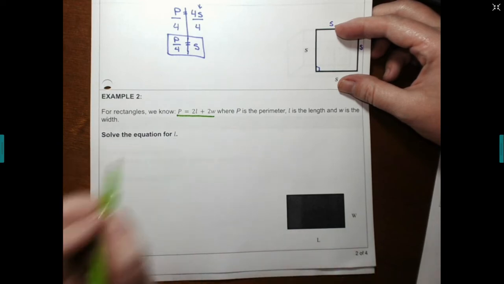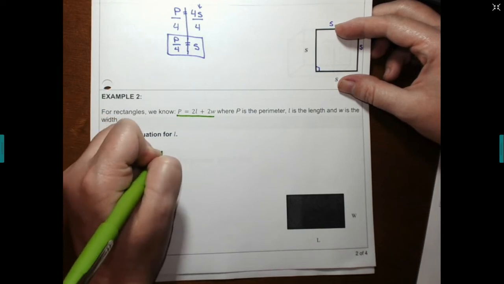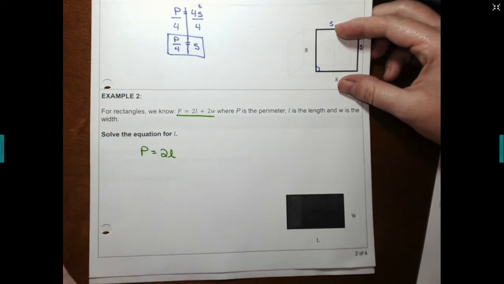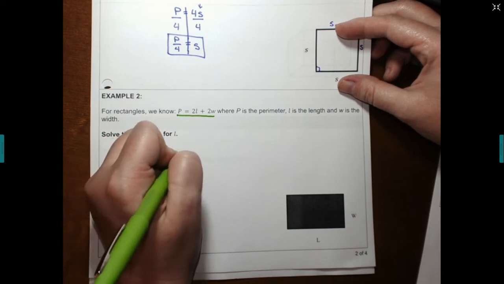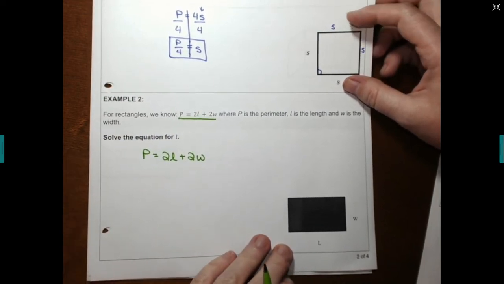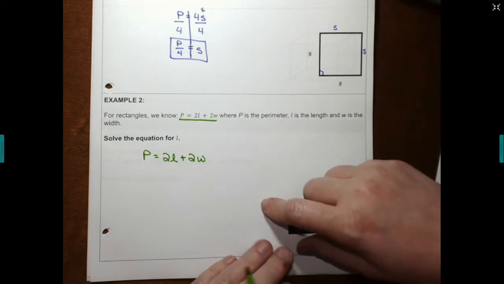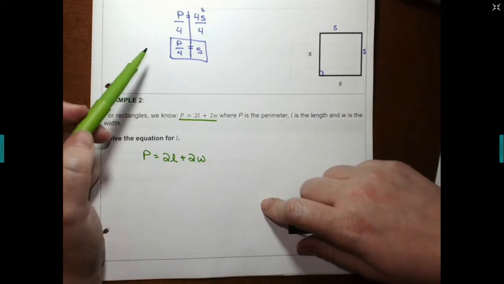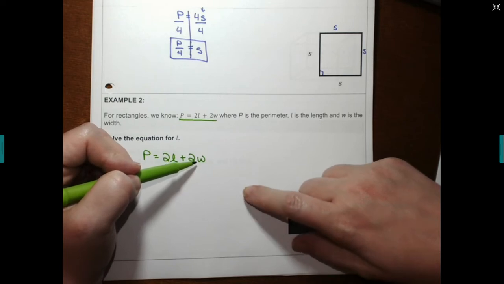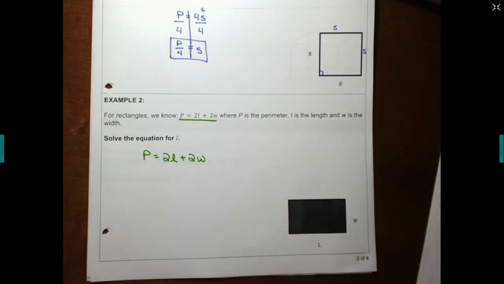Solve the equation for L. P equals 2L plus 2W. Remember, I'm doing my fancy L's so I don't confuse them with ones. I want to solve it for L. This is a useful one if I still have my 40 feet, but I know that the width of my garden has to be 5 feet. That's all the width that I have. How long is it going to be?